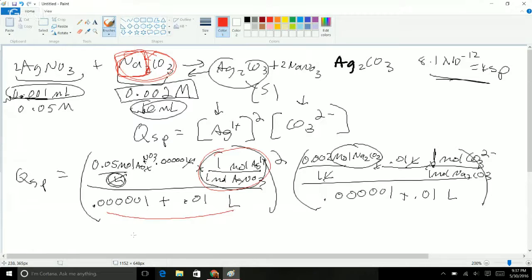This part down here is. Okay. I'm going to erase this so I can write down here. So this part of my calculator, I got 0.000005.